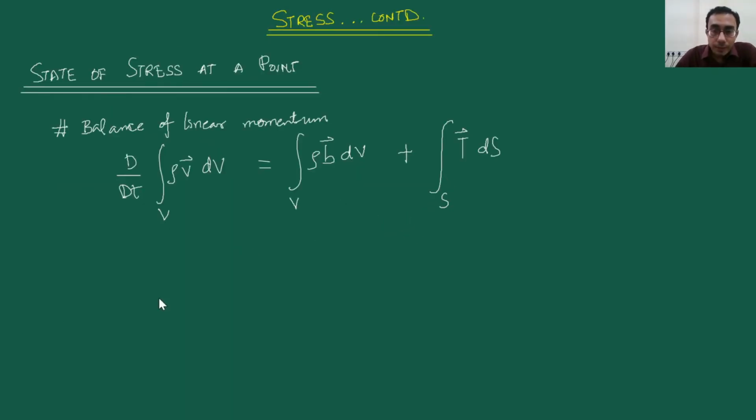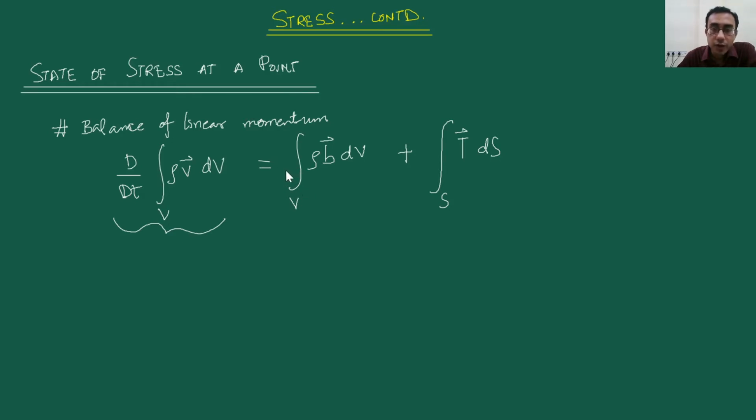Now you see, first of all, we'll deal with this left hand side, and we want to recast it into a form such that this volume integration, which has a d/dt in front of it, will be recast in a way such that there is nothing sitting in front of it. So it will start looking like this.